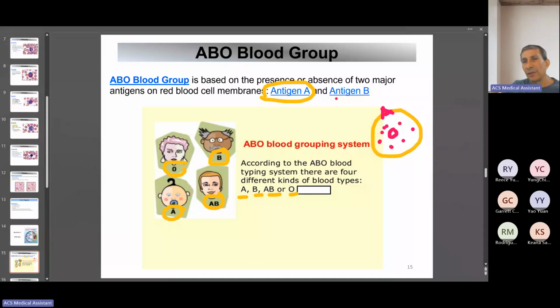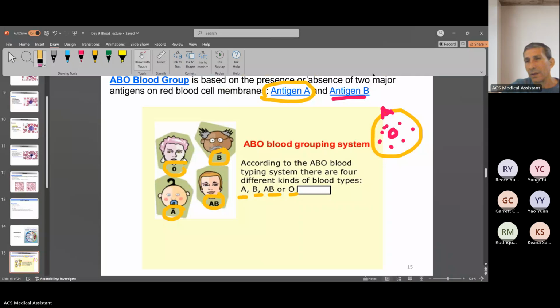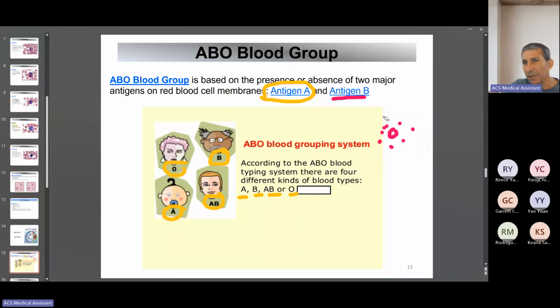If I have antigen A, my type is A. If I have antigen B, my type is B. If I have antigen AB on the cell membrane, my type is AB. O is totally different. That is what is important for us to understand these blood types.